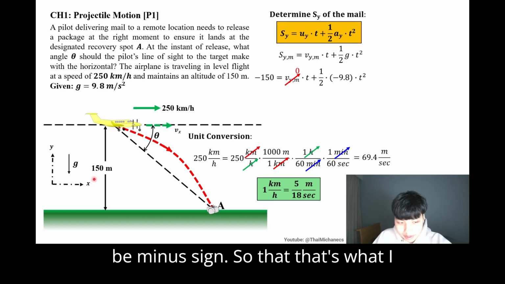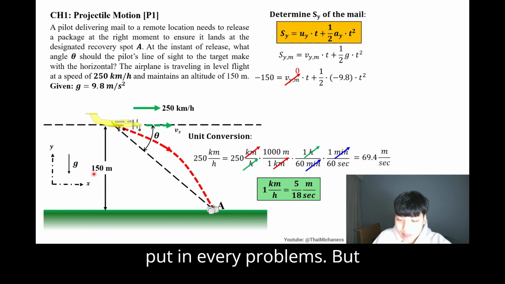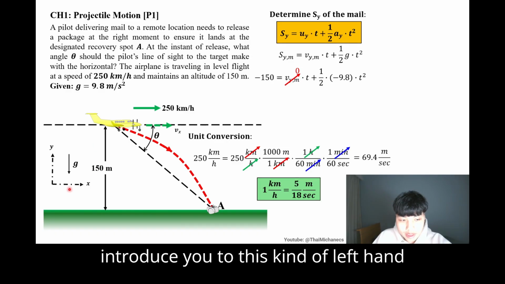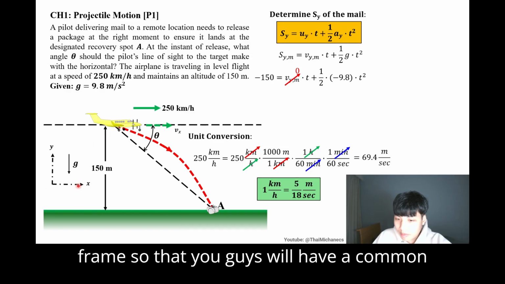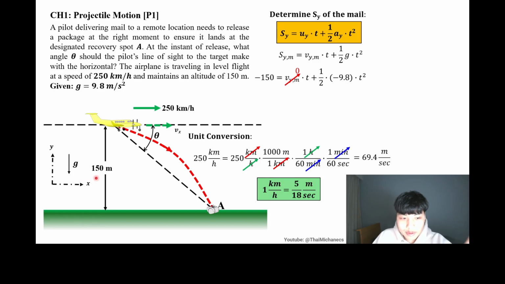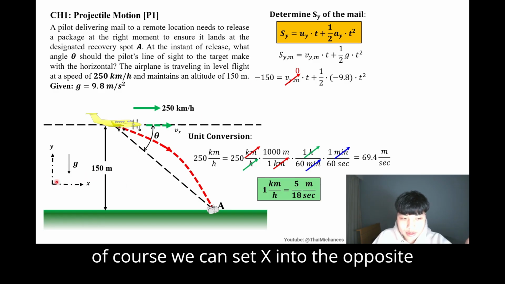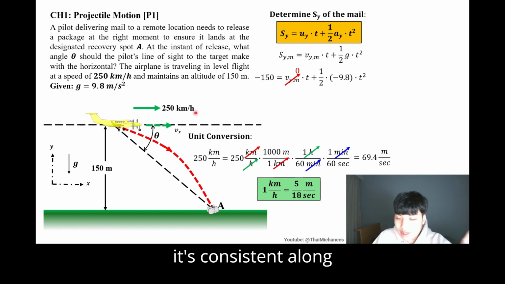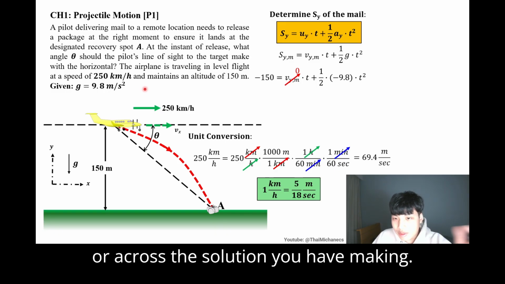That's what I put in every problem. From now on, I want to introduce this kind of reference frame so that you have a common understanding. Of course you can set x in the opposite direction, but make sure it is consistent across the whole solution.